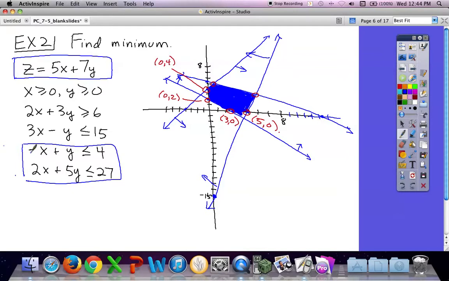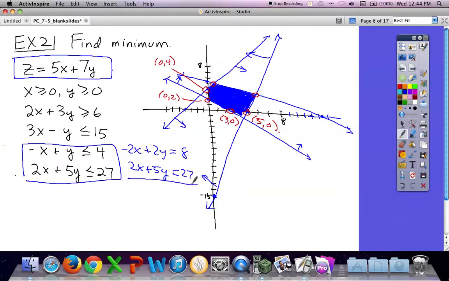How about the top one by 2, right? We've got a positive 2x. Let's make that a negative 2x. Right, so now we'll have negative 2x plus 2y equals 8. And we'll have 2x plus 5y equals 27.